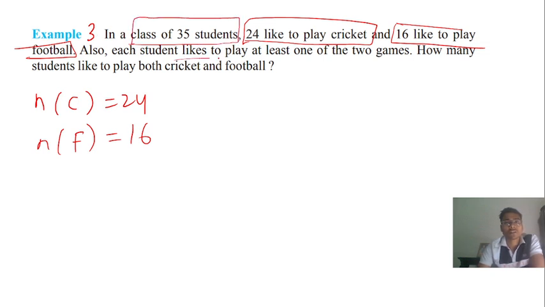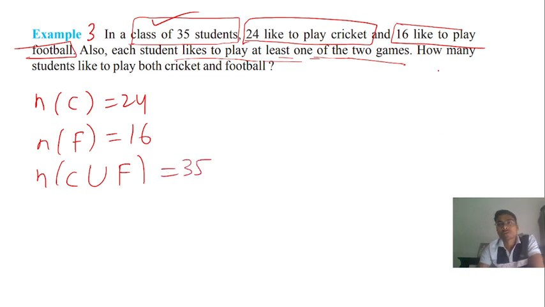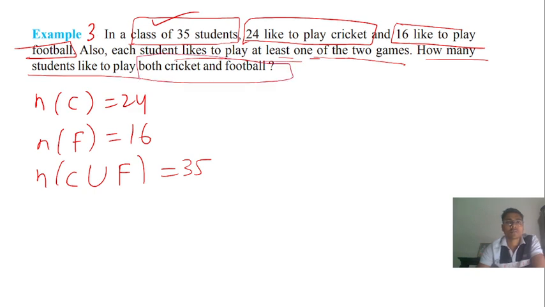Each student has to like at least one of the two games, which means we will use this data as union. Cricket union football is 35 students. Now they are asking how many students in the class like to play both cricket and football. Both means we will have to find the intersection of these two games.